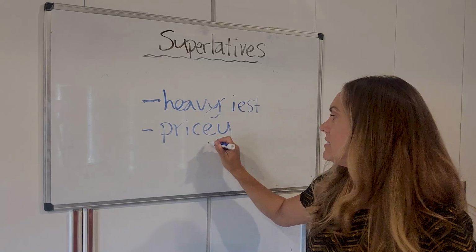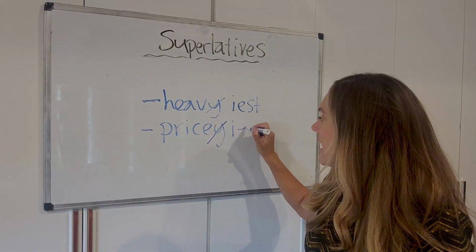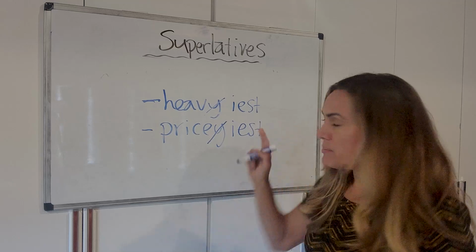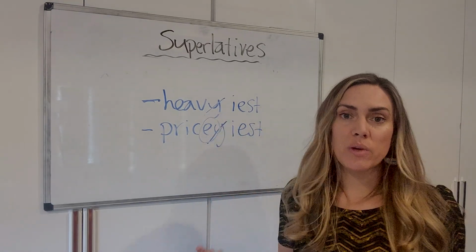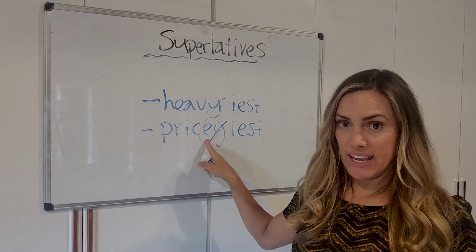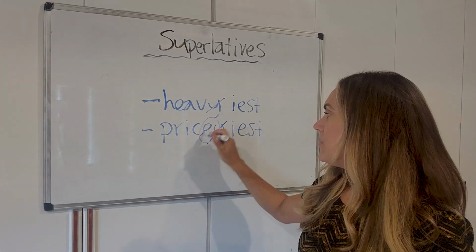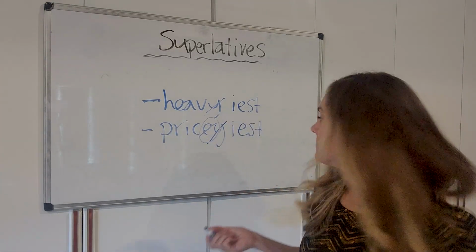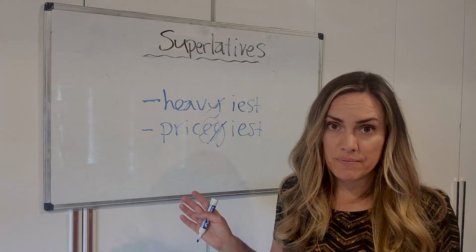Heaviest. Pricey. And turn it into an I and add est, but be careful, because see how this word now ends with an E? Whenever you have something that ends with an E and you're going to add another type of ending, sometimes we remove it and sometimes we add something else. In this case, we just remove it, okay?